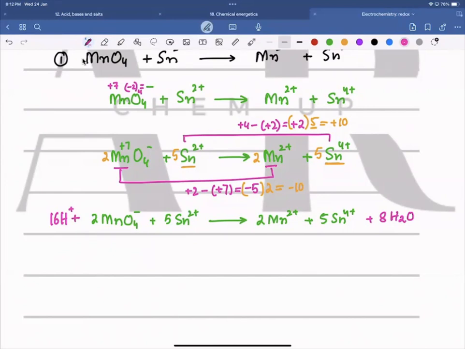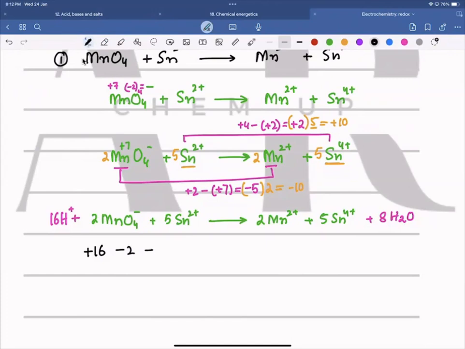Okay. Now, after this step, your equation is balanced and you have to check whether your equation is balanced or not. So for that, see, 16 H positive has a 16 plus charge, right? If there are 16 hydrogen ions, it means there is a positive 16. MnO4 has a -1 charge and there are 2 MnO4, which makes it -2, and Sn2 positive has a positive 2 charge.